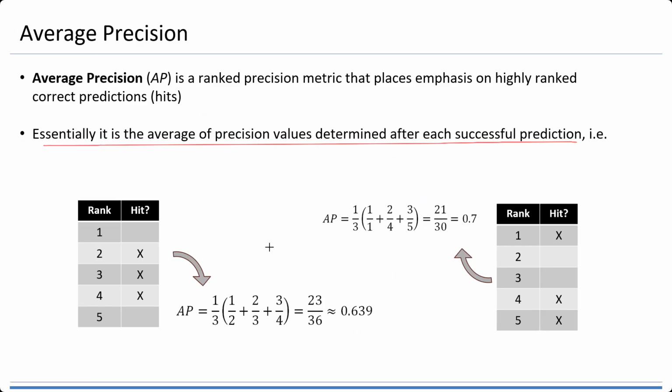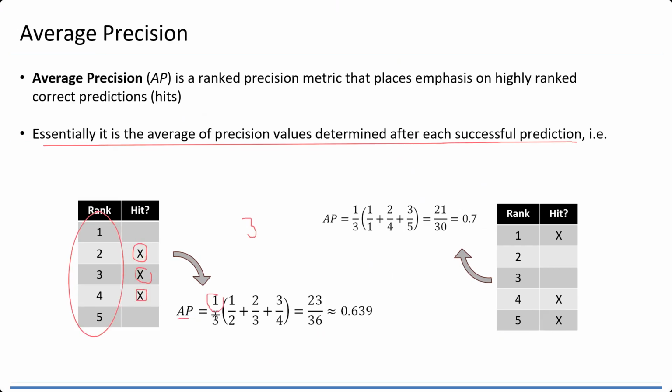This is the rank, and we have hits at positions 2, 3, and 4. With average precision, we have 3 items.